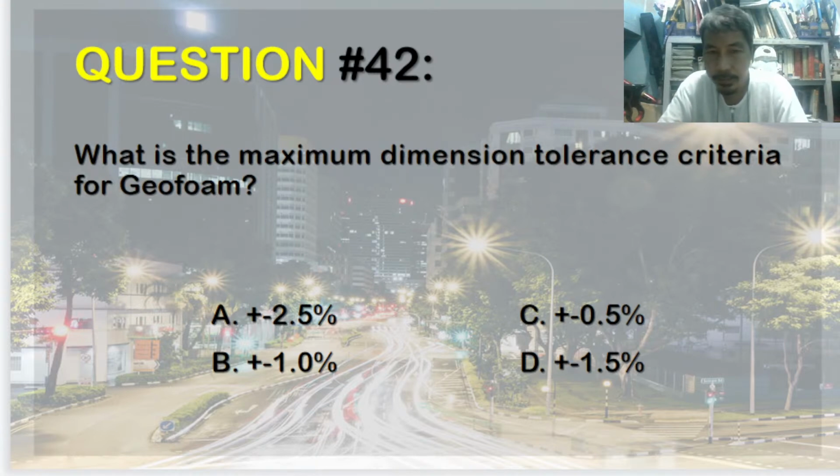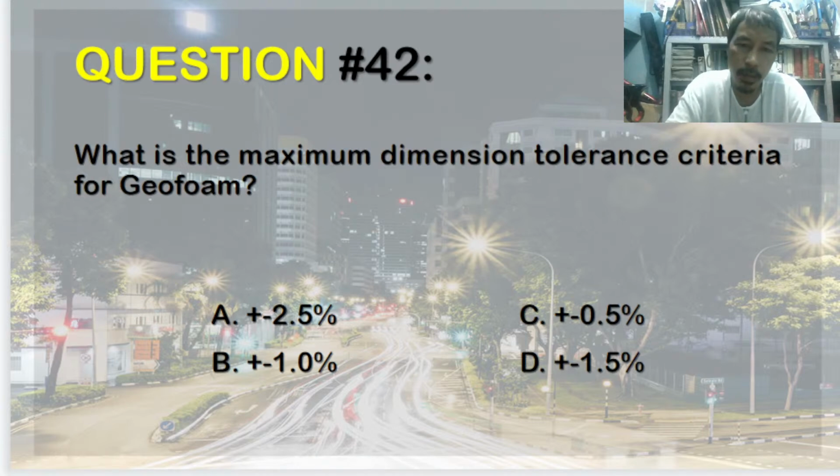Letter A, plus minus 2.5%. B, plus minus 1%. C, plus minus 0.5%. D, plus minus 1.5%. So again, what is the maximum dimension tolerance criteria for geofoam? Performance or tolerance criteria.